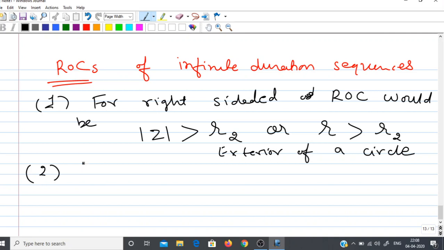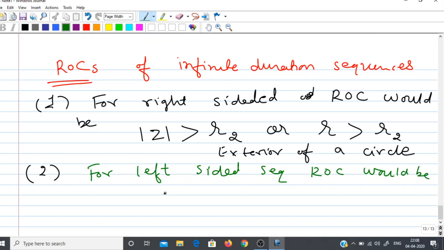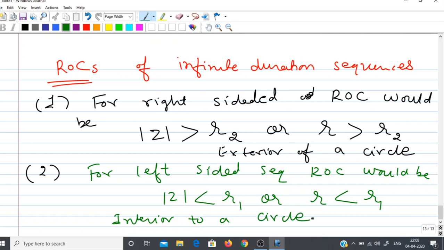For a left-sided sequence, the ROC would be mod Z less than some constant R1, or you can say R is less than R1. So this time the ROC is the interior of a circle. Which circle?